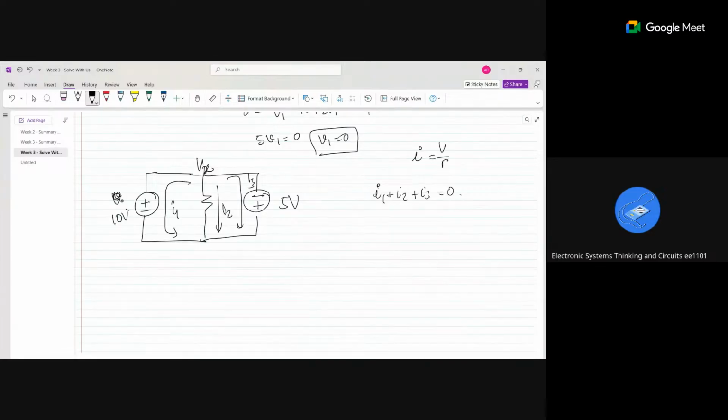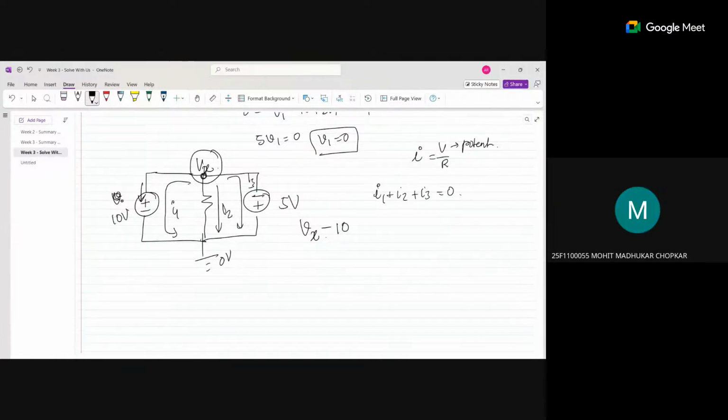I is equal to V by R. V is the potential difference, right? So at the starting point, this is my 0 volts, it's Vx. If you see this voltage source, the current is entering the positive, so I'll take it as negative, minus 10.